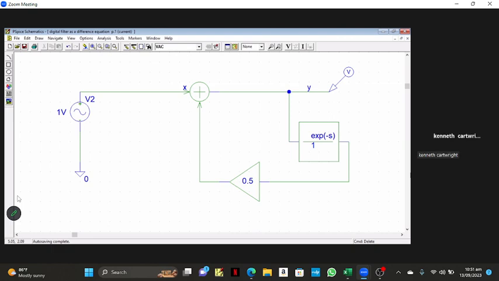Nobody can look at this diagram and tell me what the output is equal to?